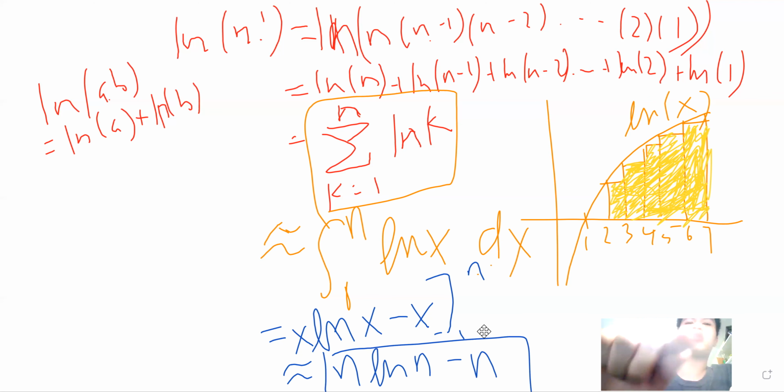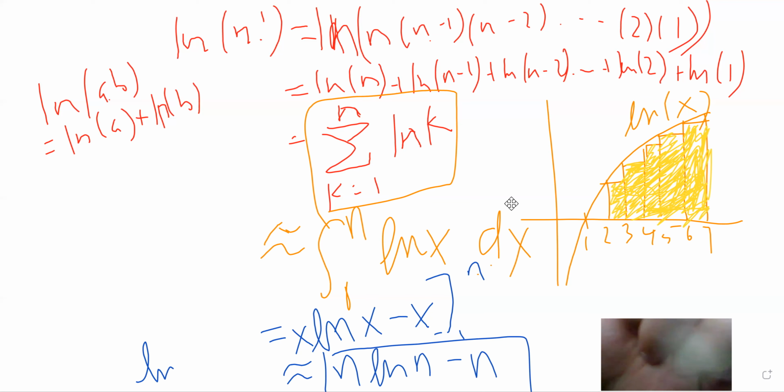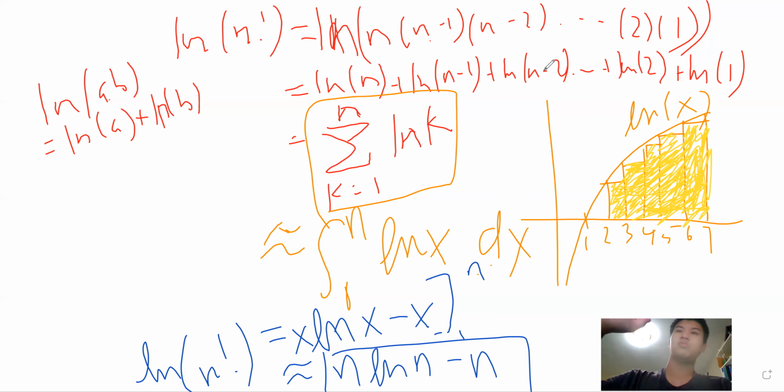And this is basically Stirling's approximation, the first one: the natural log of n factorial is approximately equal to n log n minus n.